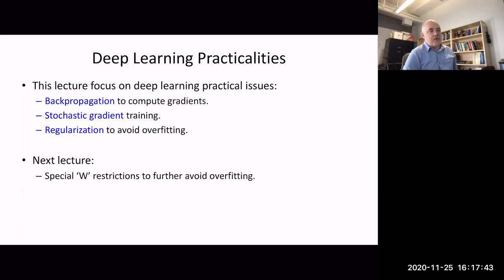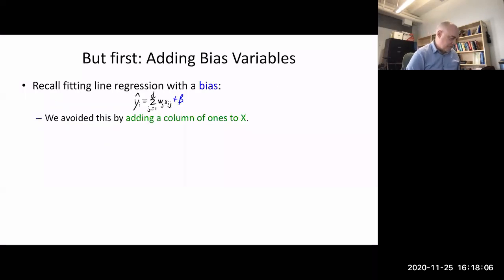We'll talk a little bit about regularization, which is still a little bit controversial in deep neural networks. And then next lecture, Friday, we'll talk about convolutional neural networks, which can be viewed as a special restriction, a way of restricting the structure of the linear layers to make them lower dimensional in terms of parameterization, leading to less overfitting.